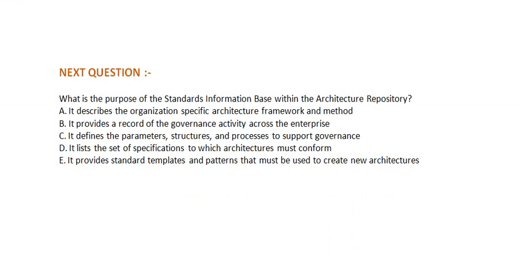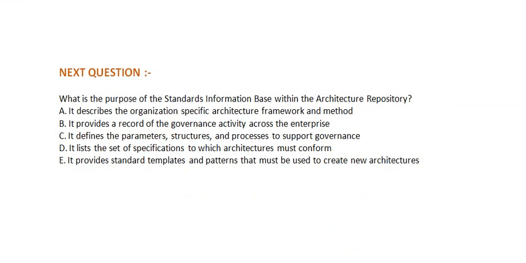Next question is what is the purpose of the standards information base within the architecture repository? Option A, it describes the organization specific architecture, framework and method. Option B, it provides a record for the governance activity across the enterprise.